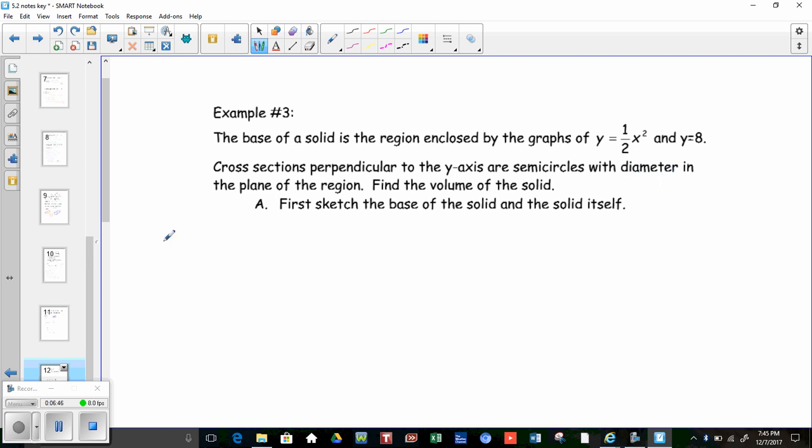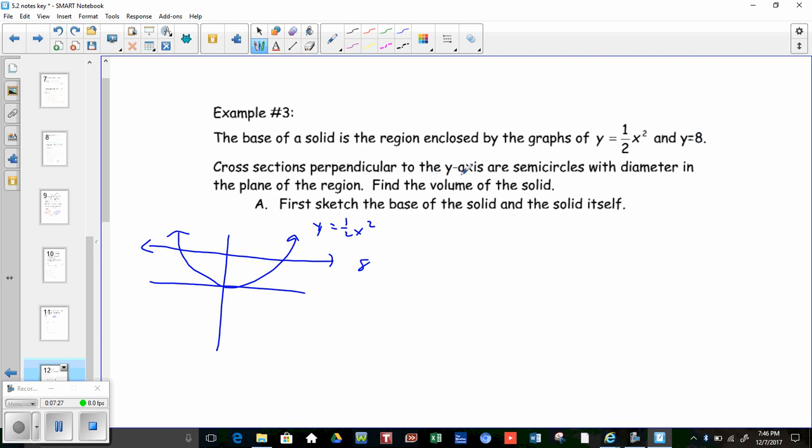Again, we're going to try and sketch this because it does help. 1/2 x squared is just a parabola, a little wider opening than a normal one, and y equals 8 is a horizontal line. The base of the solid is the region enclosed by that graph and that line.